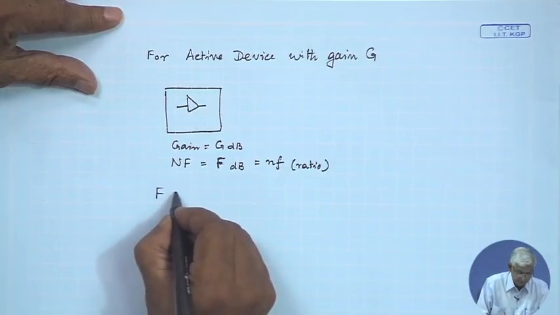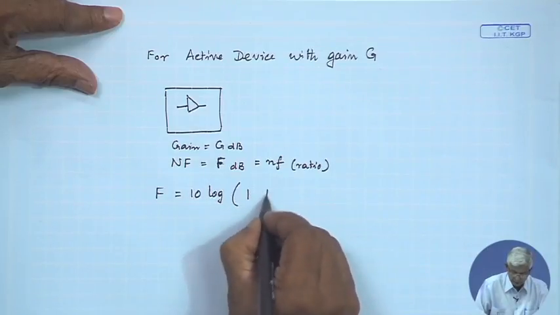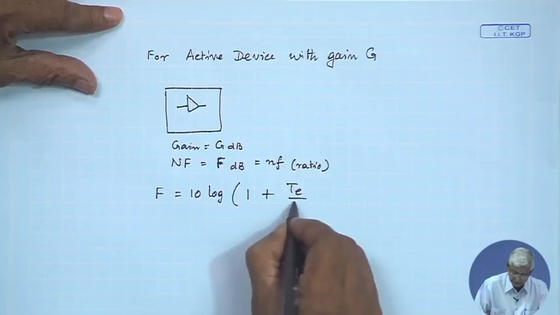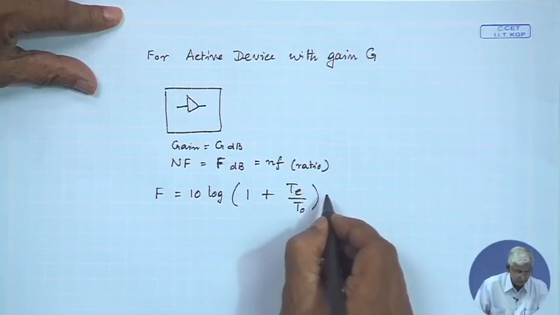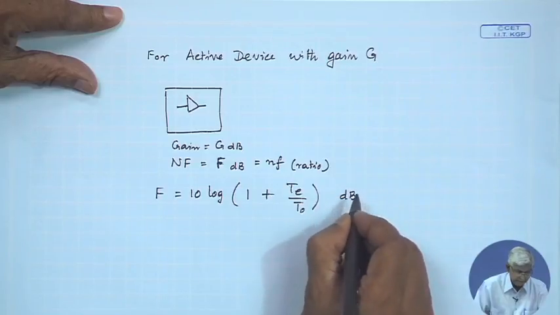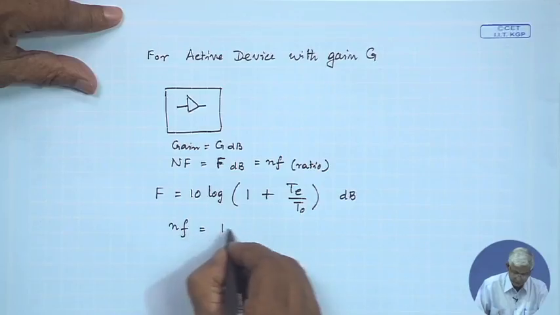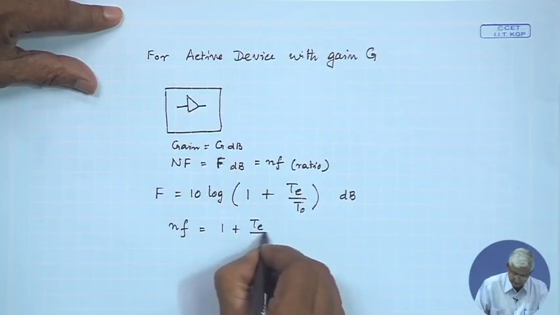So, F is equal to 10 log of 1 plus Te by T0. Since it is 10 log, this is in dB, and the noise figure in ratio will be simply 1 plus Te by T0.